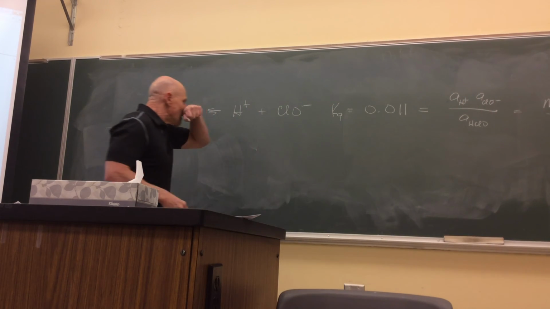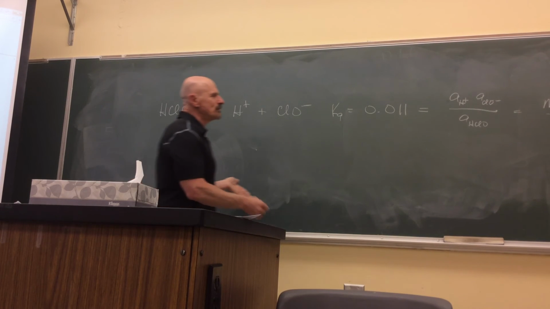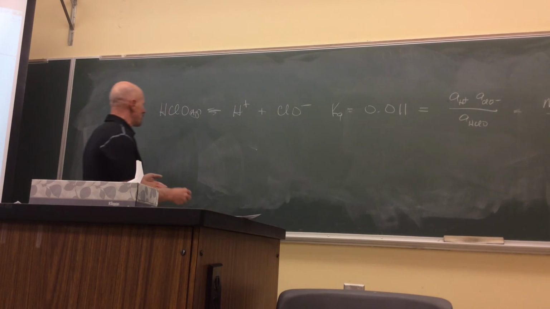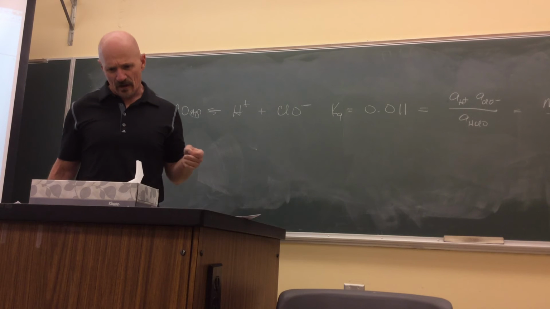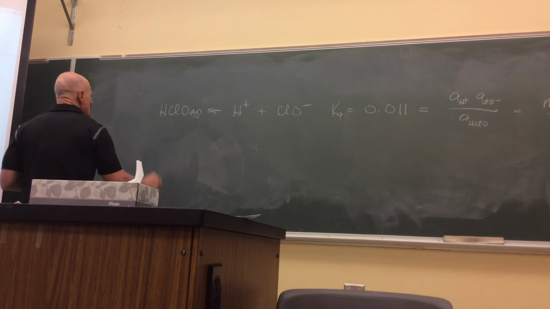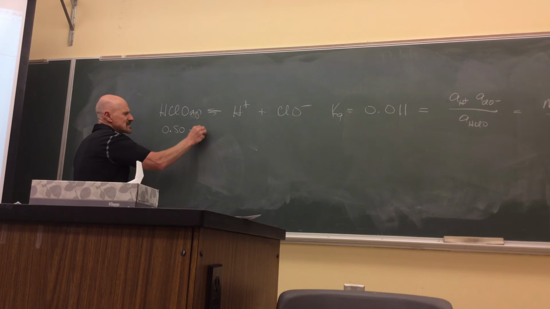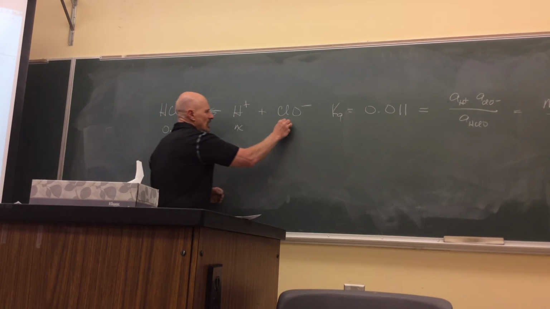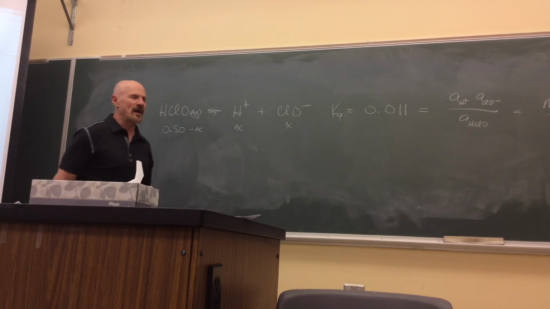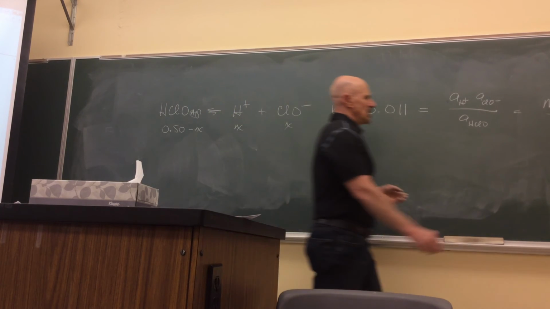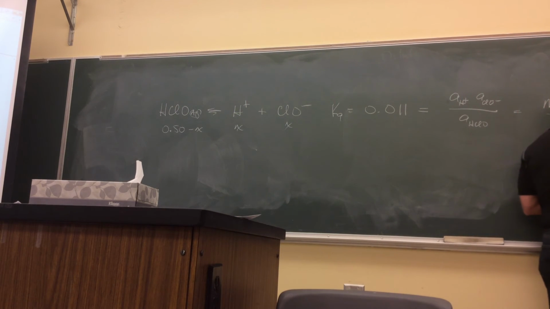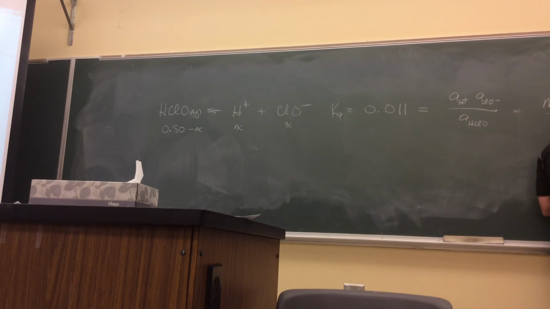Of course, if you solve that system, we begin with a concentration of 0.5 molar, so it'll be 0.50 minus x, x, x. You put that into place, and you end up with x squared gamma squared over 0.5 minus x.